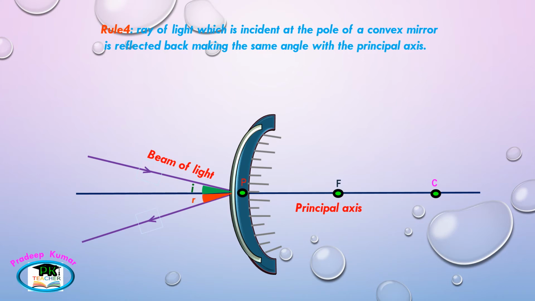This is angle of reflection. Always I is equal to R. That is, angle of incident is equal to angle of reflection. You have to select any 2 rules out of 4 to draw ray diagrams for convex mirror.